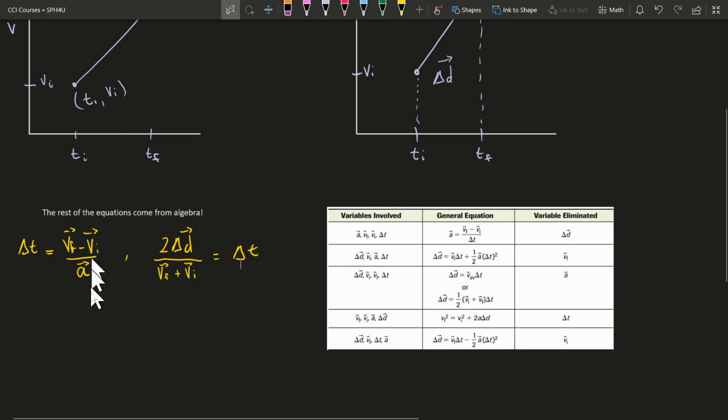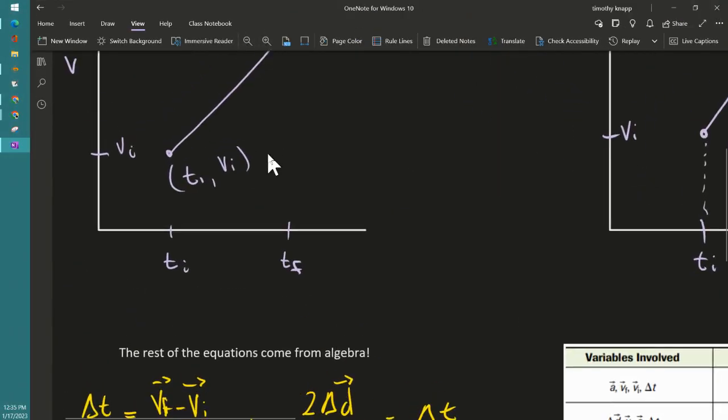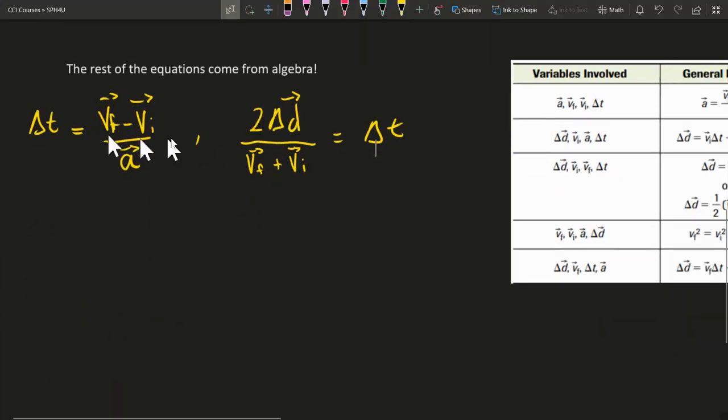Now, focusing on these two equations here, I'll zoom in a little bit. If I'm talking about the same object that has some final velocity and some initial velocity, and it has some change in position, and it has some acceleration, then these times will always be the same.